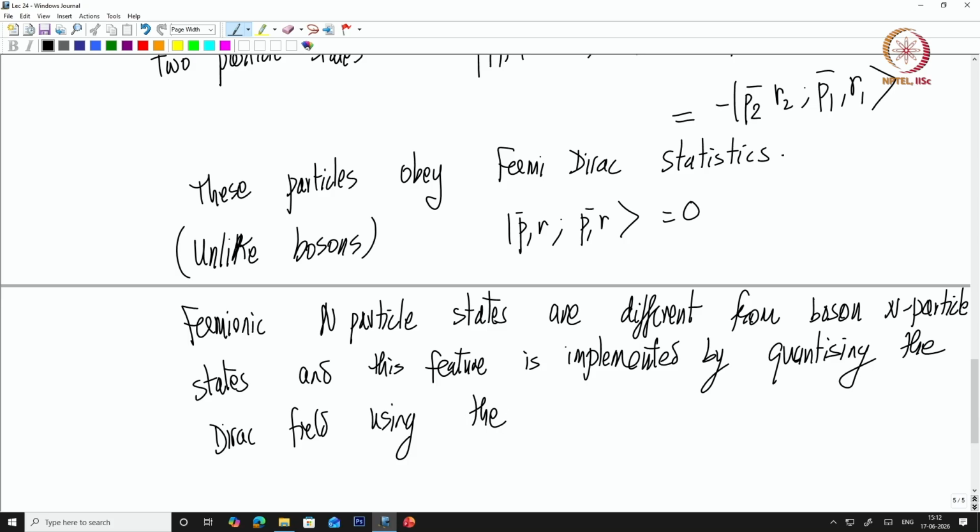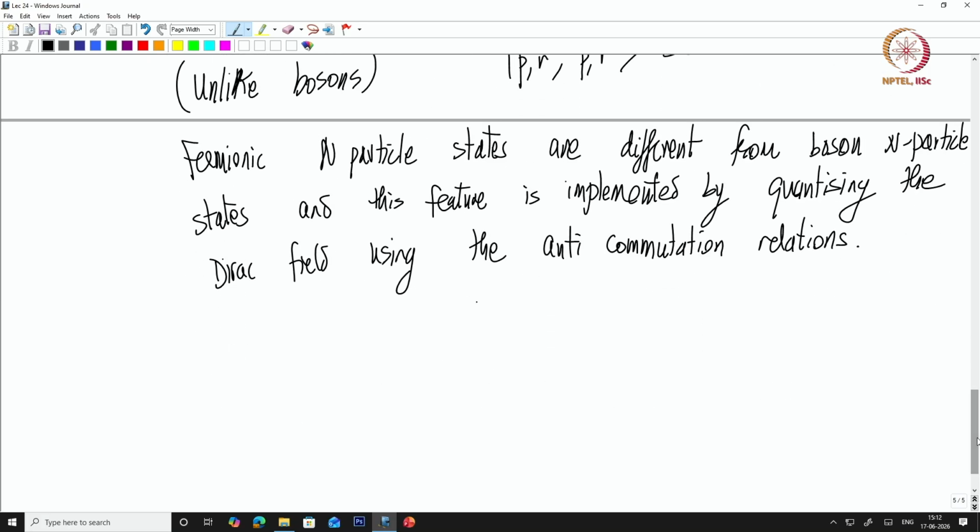Okay, so far so good. Now we are consistent: you can build all these n particle states with Fermi-Dirac statistics by quantizing the fermionic field using the anti-commutator. So all is well.